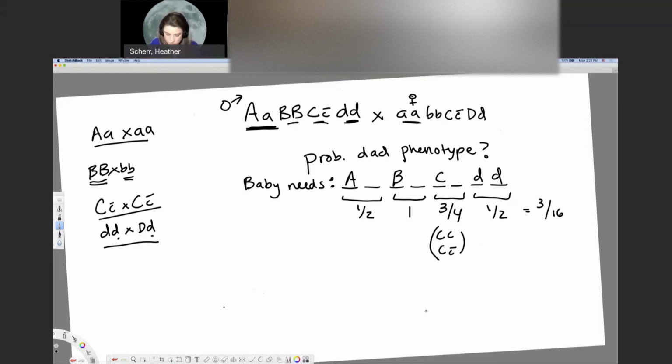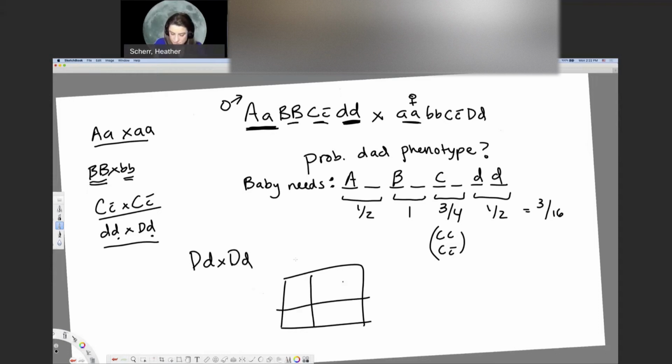Christina, where was yours different? I missed that the dad was homozygous recessive, so I used 1/4 instead of 1/2. For this one, the D? Yeah, I missed that part. So you crossed 2 heterozygotes. Okay, so yes, in this case, there's 2 options of eggs and 2 sperm.